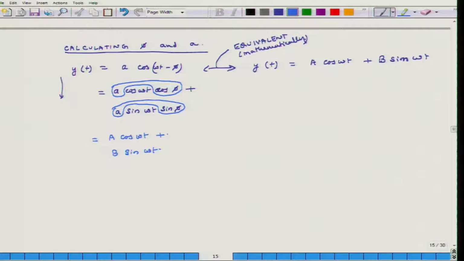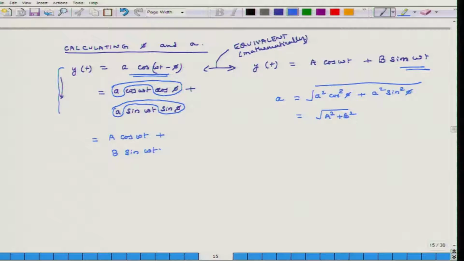So, essentially what I have done is I have transformed this expression into the alternative expression. And what is the relation between capital A and small a? From here we see that A squared is equal to A squared cosine squared phi plus A squared sine squared phi, and A is the whole thing under square root, which is equal to the square root of a squared plus b squared.